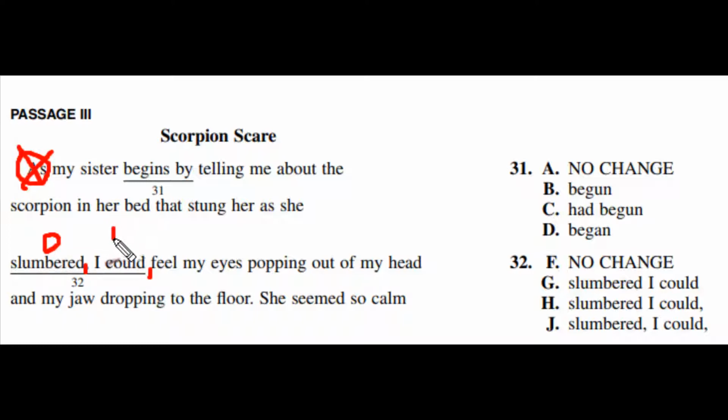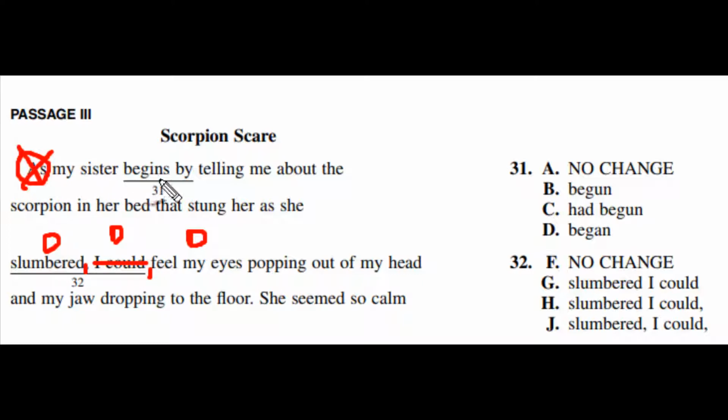Then we have a dependent clause here, I could, and then feel my eyes popping out. We already said that that was a dependent clause. This rule here is a different rule. It's two commas now. You see that two commas is Mr. Chung. It's non-essential information between the commas that theoretically we could cross out. Let's check what happens if we cross that out.